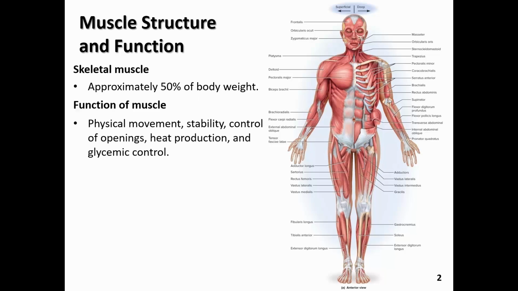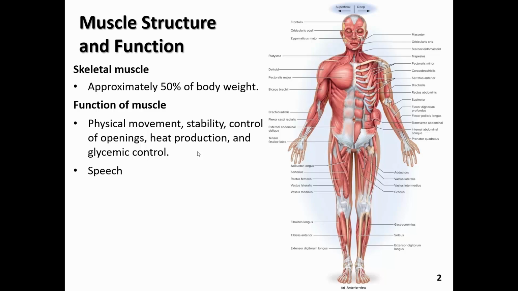The function of skeletal muscle is to generate movement, physical movement. It also functions to provide stability when people are in a standing or even a seated position. Skeletal muscle controls various openings such as the oral cavity, produces heat, and contributes to glycemic control, which is the regulation of blood glucose levels.